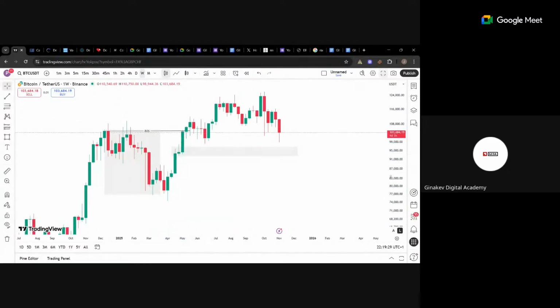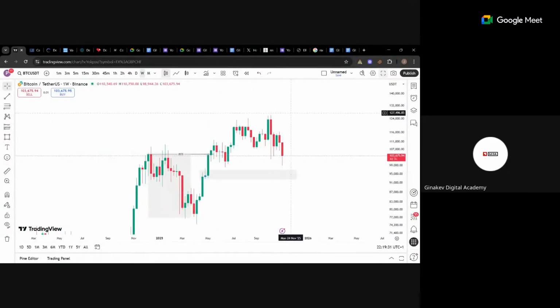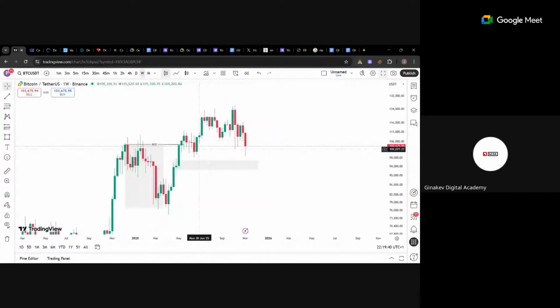So now, what we call inducement is early buyers or early sellers. Since this is your order block and price has not yet come here, who do you think these people are? This is where the order flow that broke structure started from, right?